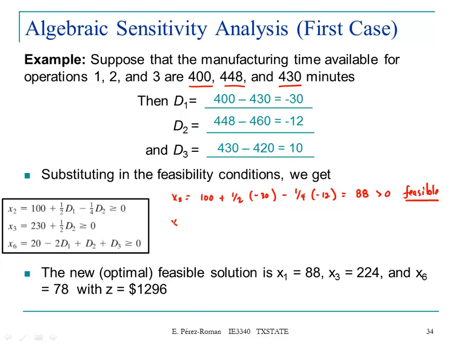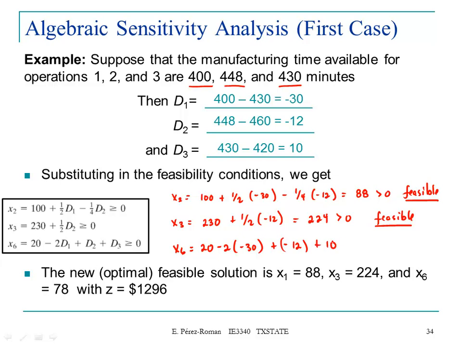We have x3, 230 plus 1/2 times minus 12. That equals 224. That's greater than 0, and that's feasible because it's positive. And then x6 equals 20 minus 2 times minus 30 plus minus 12 plus 10.